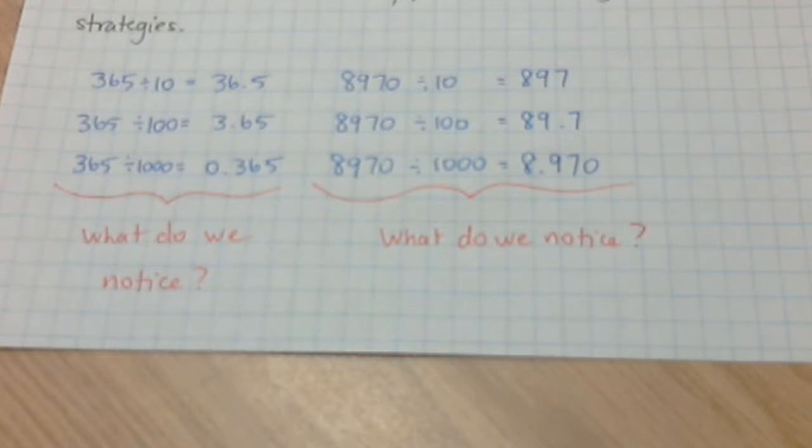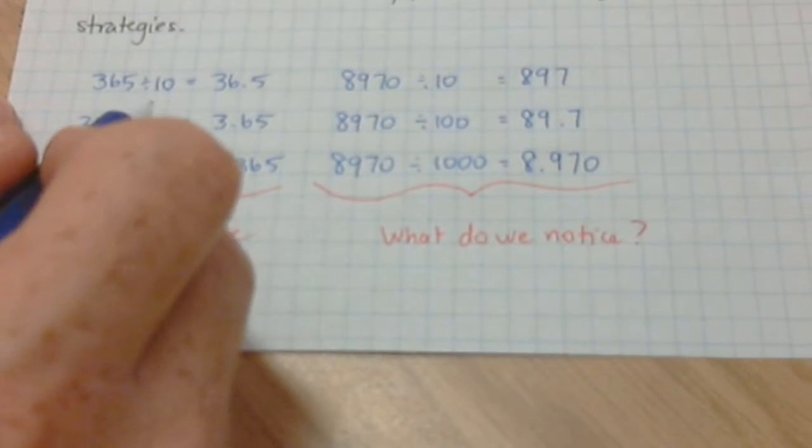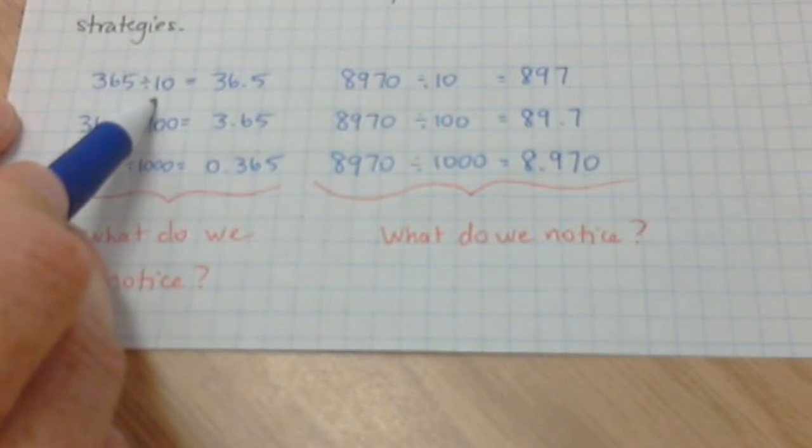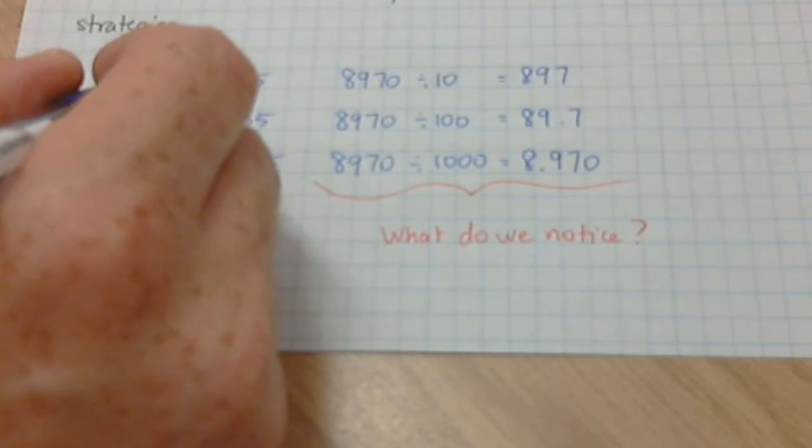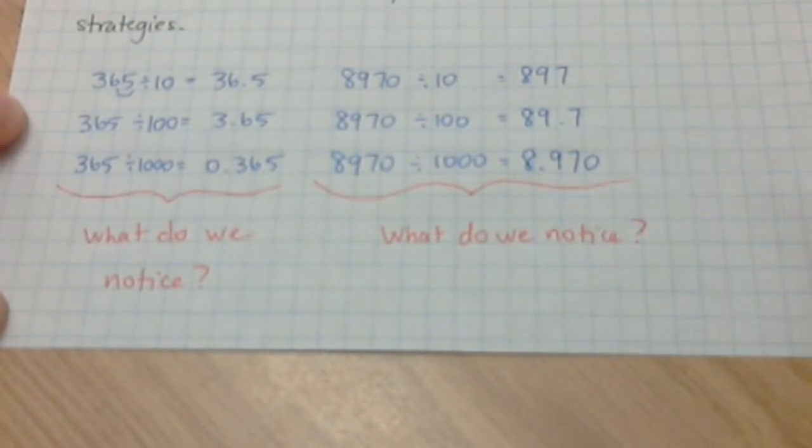Now we said with multiplying by powers of 10 that if the number is greater than 1, we move the decimal place to the right, and if there are holes, we fill them in with zeros. If we multiply by a power of 10 that's less than 1, we move the decimal place to the left. Now with dividing by powers of 10, it's pretty much the same rule, except the decimal goes the opposite direction. If we are dividing by 10, the decimal place goes 1 to the left.